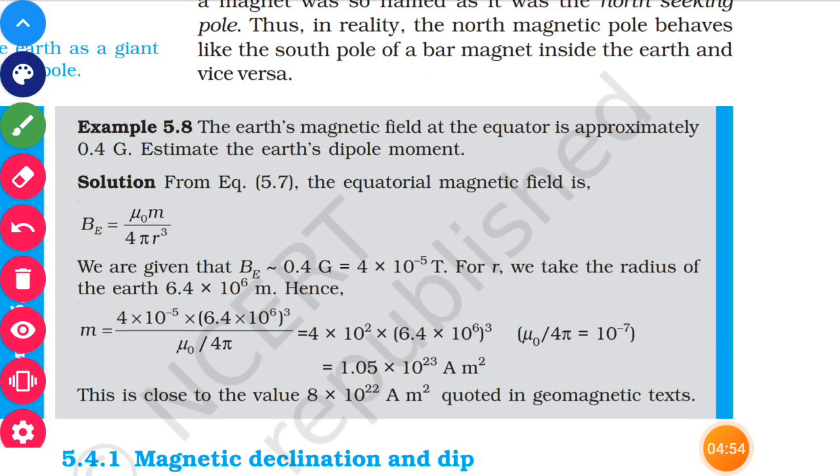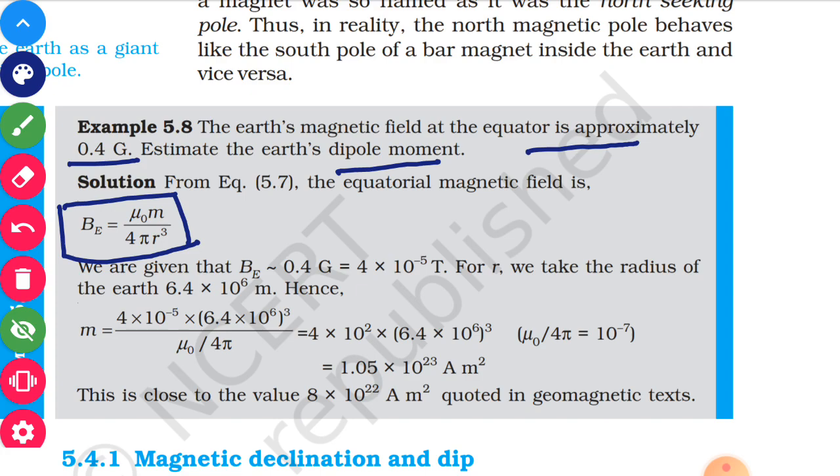Now example number 5.8. Earth's magnetic field at equator is given as 0.4 Gauss. So magnetic field at equator we know, just now we have used the formula mu0 m upon 4 pi r cube. We want to find out the dipole moment, so here m is to be calculated, that of the magnet of the Earth.